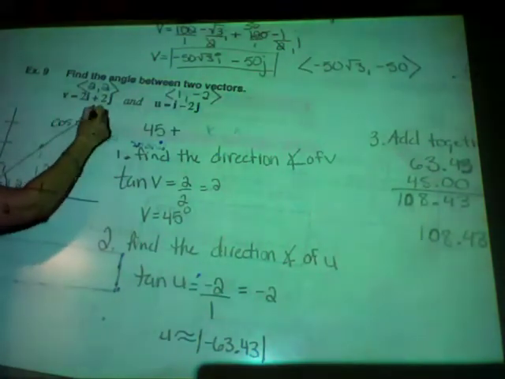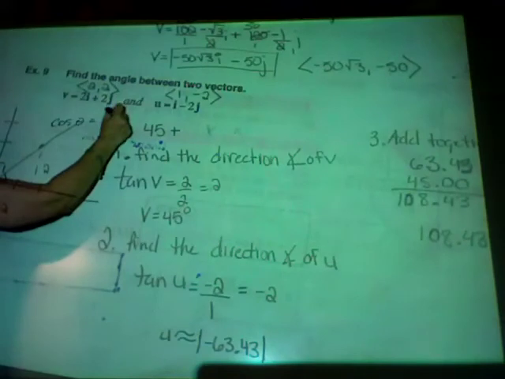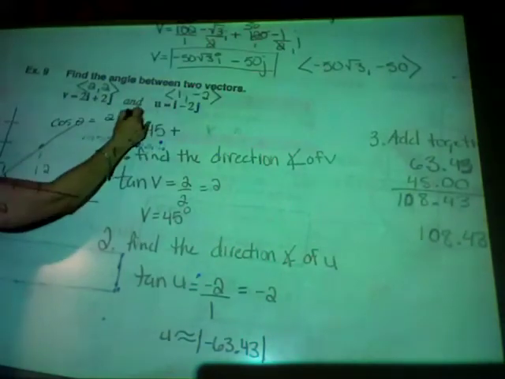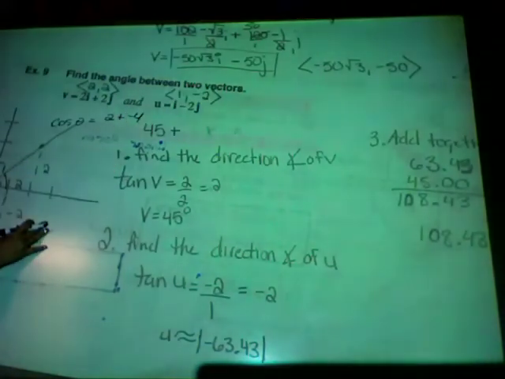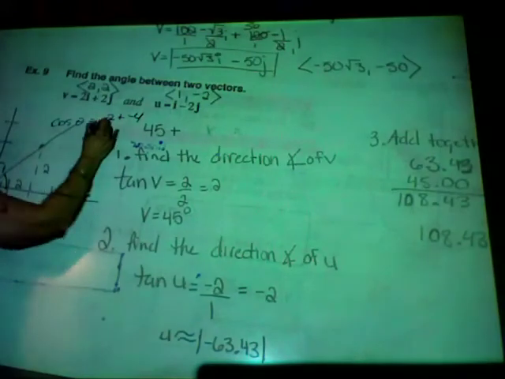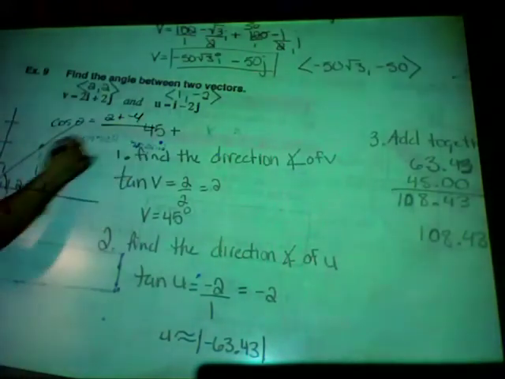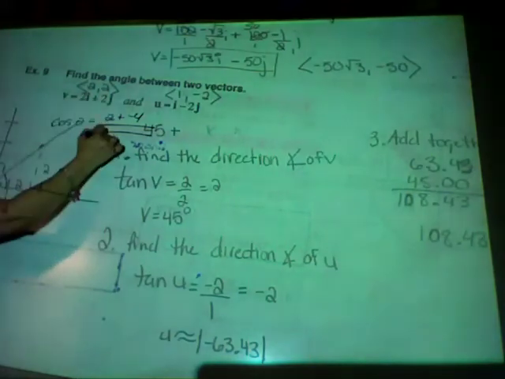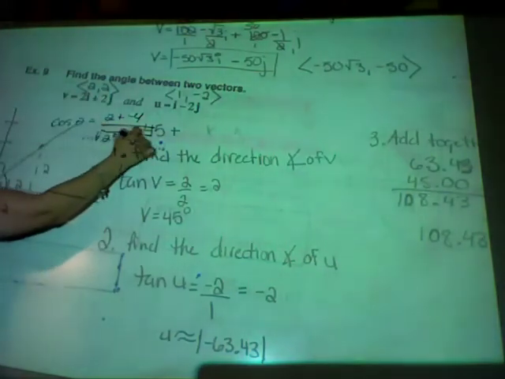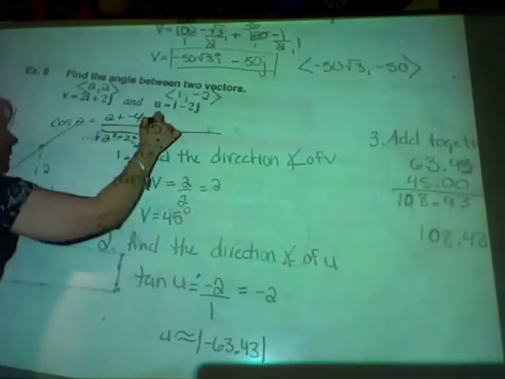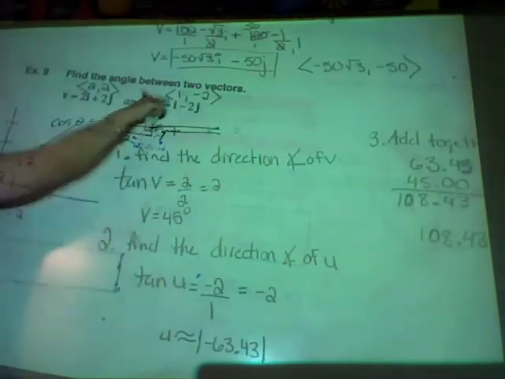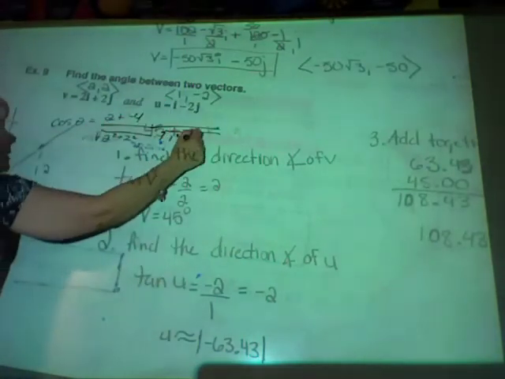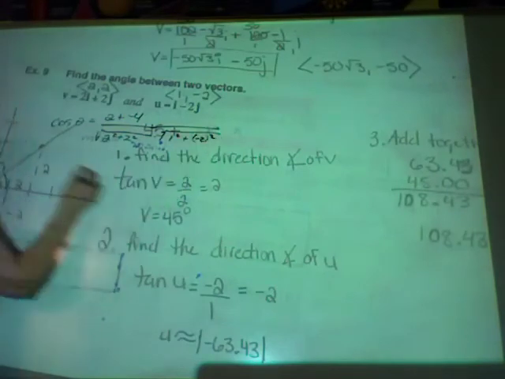Cosine of theta. 2 times 1 is 2, plus 2 times -2, isn't that -4? Right? All over square root of 2 squared plus 2 squared times the square root of 1 squared plus -2 squared.